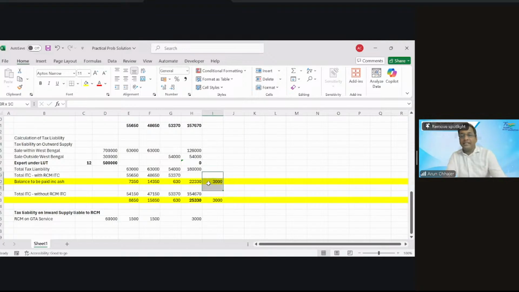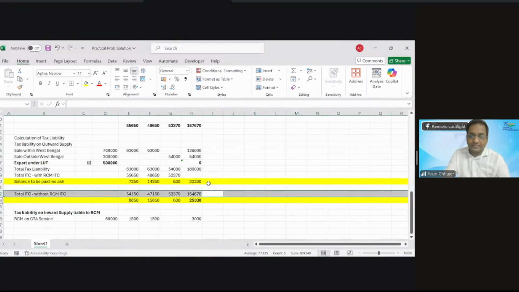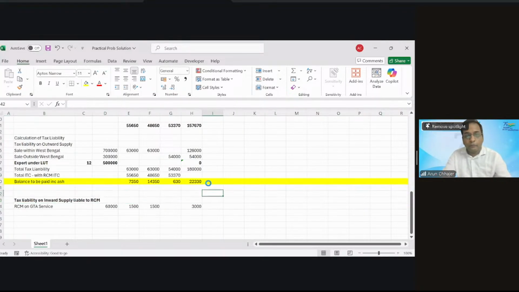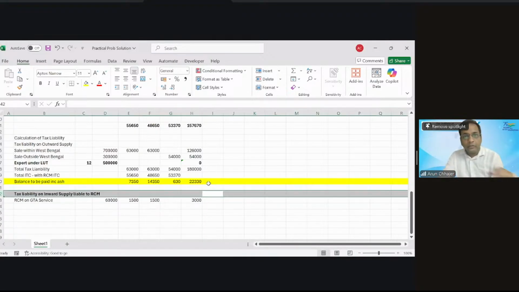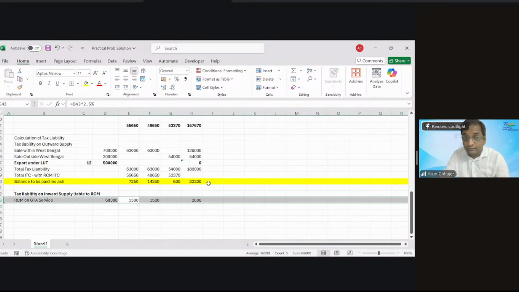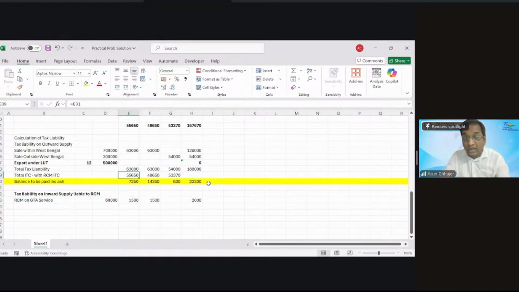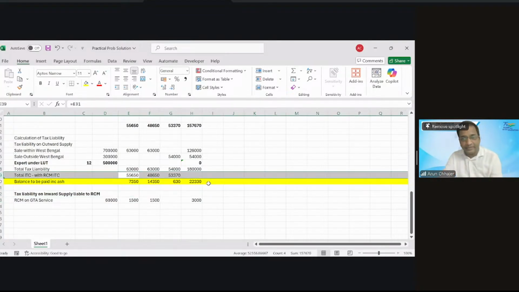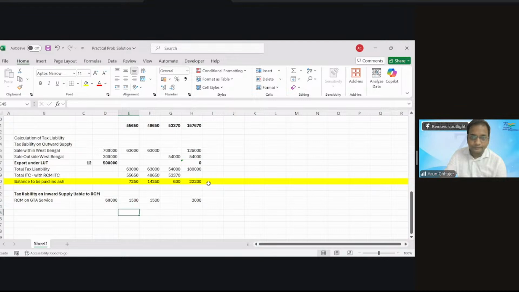So all agree, all have given the correct answer. All are saying, sir, this will not be the case. You pay the RCM in cash, no problem. You can use the ITC in the same tax period. What I'm doing here, I'm making the RCM liability paid in cash in the same month. Then I can use the ITC for discharging the other liability. Correct? So how much of the liability I have to pay in cash?